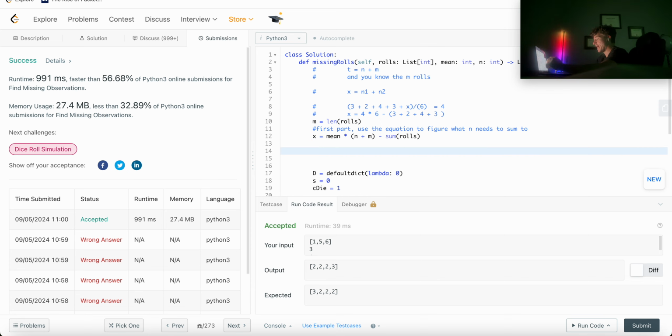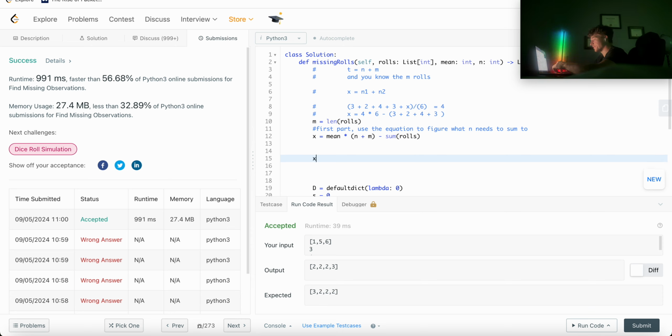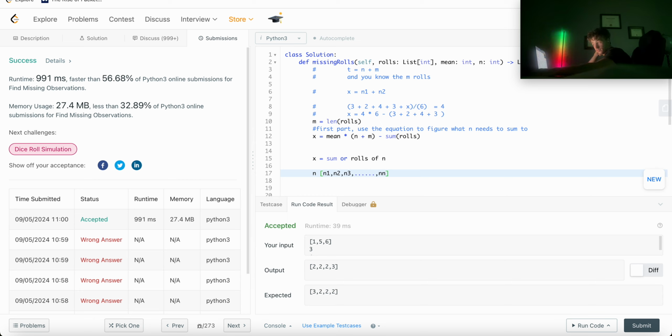Okay, now that I have that value, what I basically know is I have this value x, which is the sum of the rolls of n. And then I have n rolls, right? So that means there's n spots in here, where this is n1 roll value, n2 roll value, n3 roll value, all the way to n. Okay.